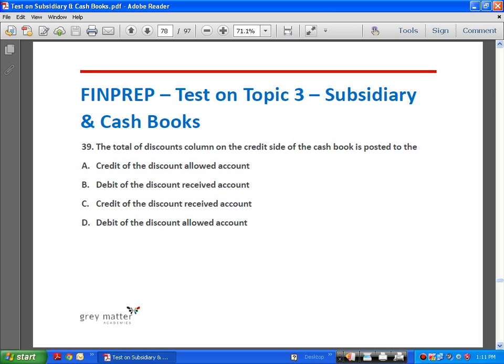And so the discount that we receive when we settle creditors is shown on the credit side of the cash book, and discount received is an income for us, and hence we will be crediting the discount received account. Okay, so the answer is C.